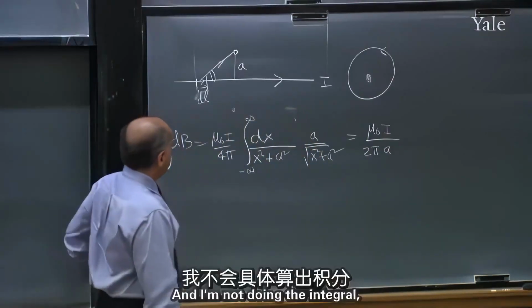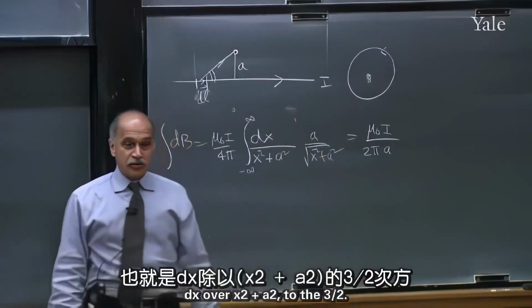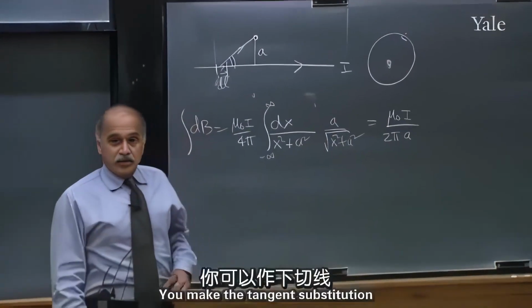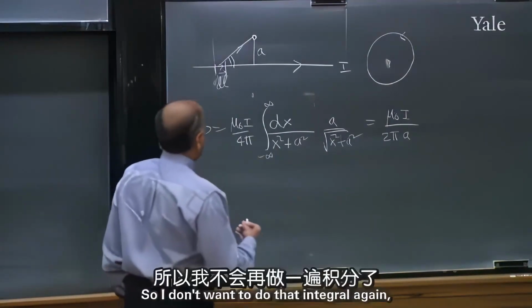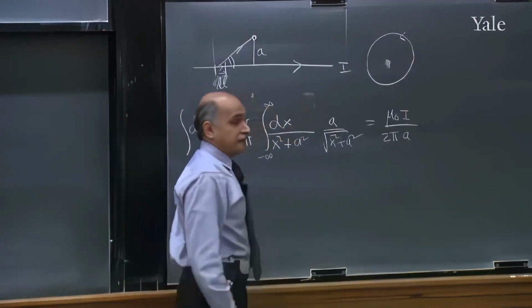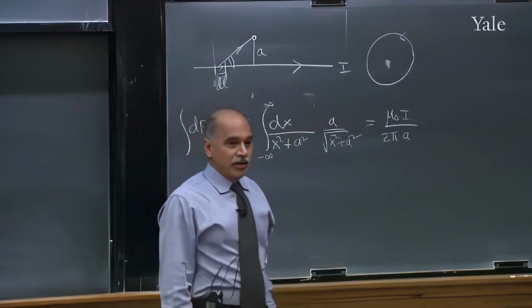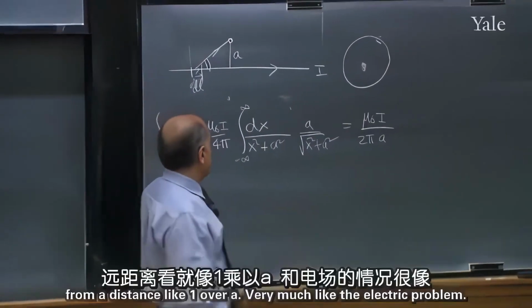I'm not doing the integral because we have seen this integral before: dx over (x squared plus a squared)^(3/2). You make the tangent substitution and get secant this and secant that. So I don't want to do that integral again. But the answer is mu 0 I over 2 pi a. So the magnetic field from an infinite wire falls with distance like 1 over a.